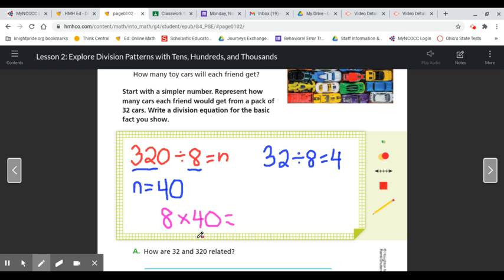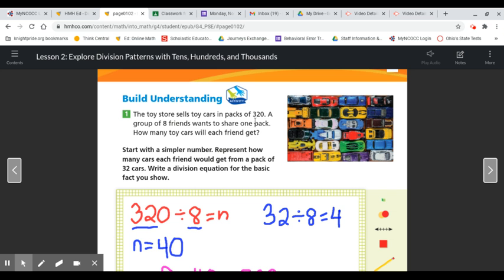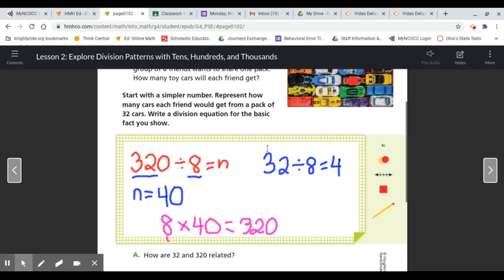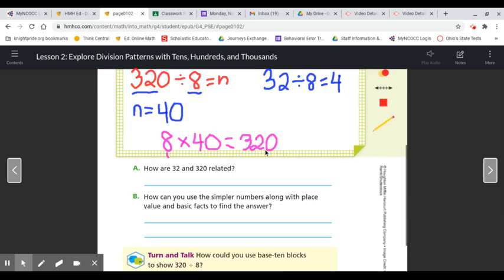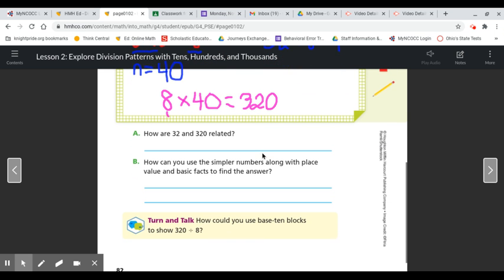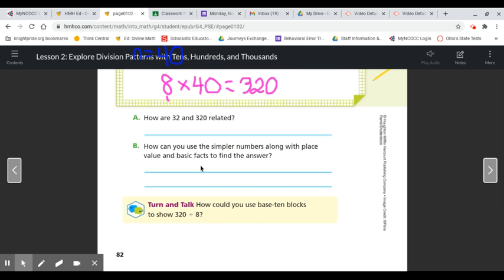We can use our idea from lesson 1, looking at our basic fact here. 8 times 4 is 32. And then we need to include that 0 from our 40, and that would be 320. Is that the number of cars that was started with in the problem? Yes, it is.